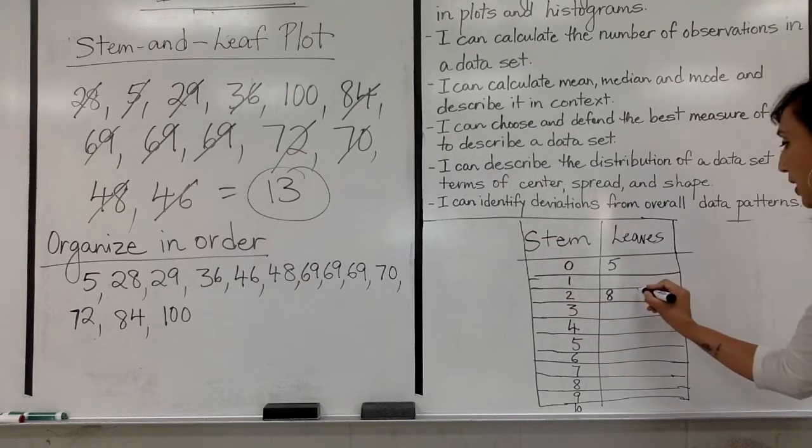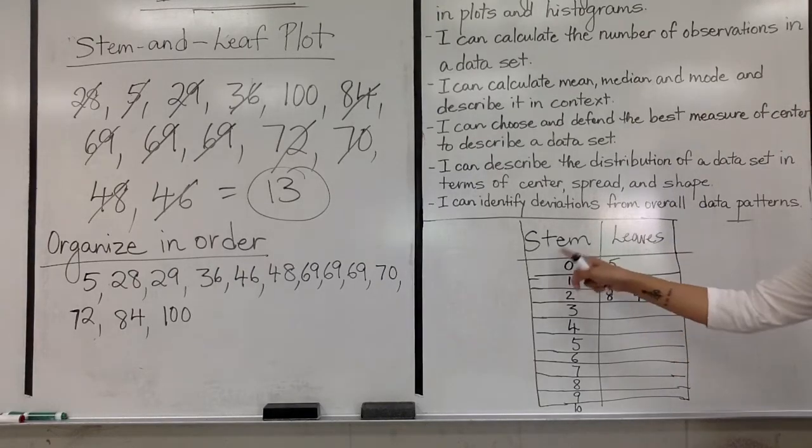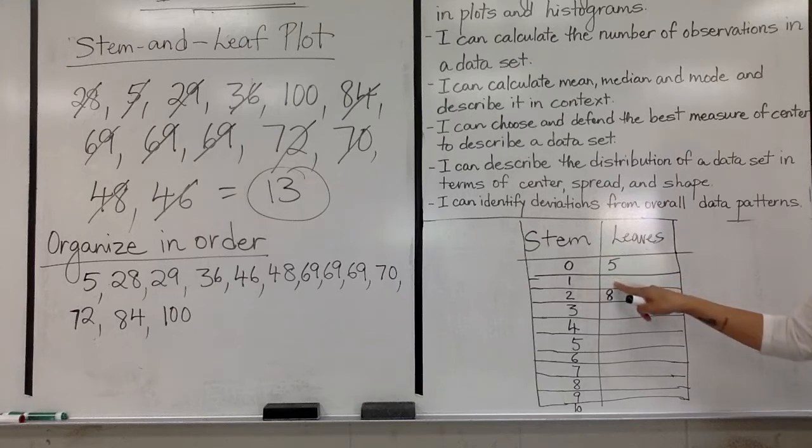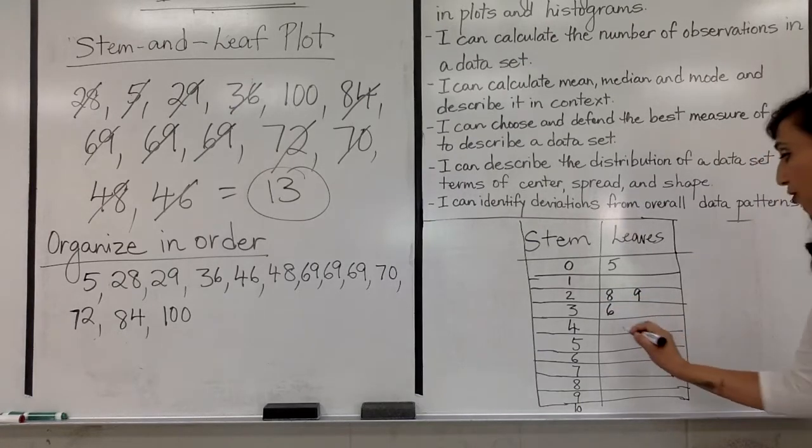And then 29. Don't put commas, just leave a gap. When I'm reading this, I know there's nothing in this place value, so this is 5. There's nothing in the 10, 11, 12 category, which would have gone here, but you still have to include that in the graph. Then for the 30s, I have a 36.